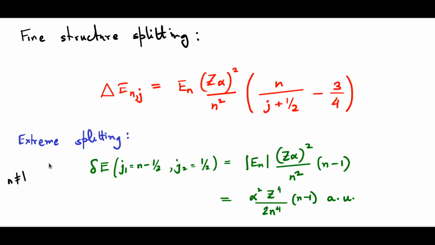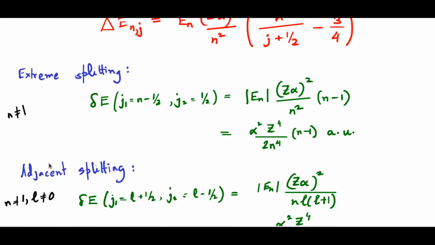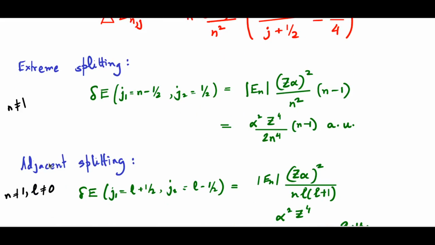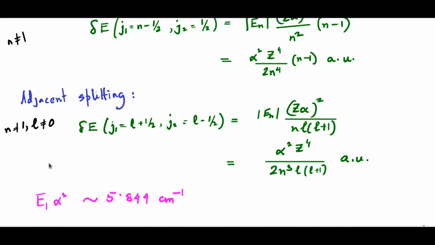Now for the two adjacent levels, that is for j1 equals L plus half and j2 equals L minus half, for a given L you have these two values. Of course you can have these two values only when n is more than 1 and hence L is more than 0. Even for n larger than 1, L equal to 0, you will have no such splitting because there is only one j allowed in that case, that is j equals half. Once again, the result is very easy to calculate, and it works out to be mod En z alpha whole square by n into L plus 1.